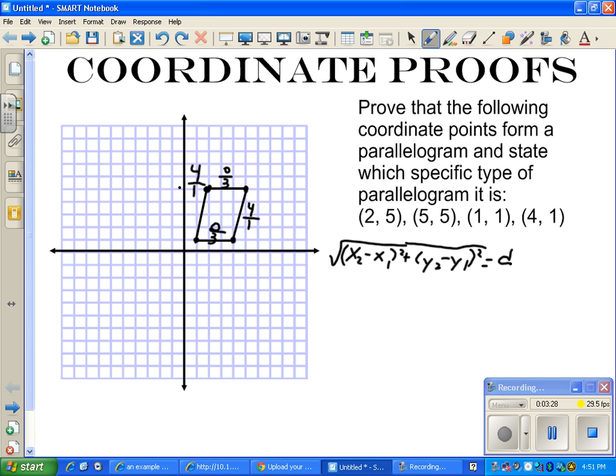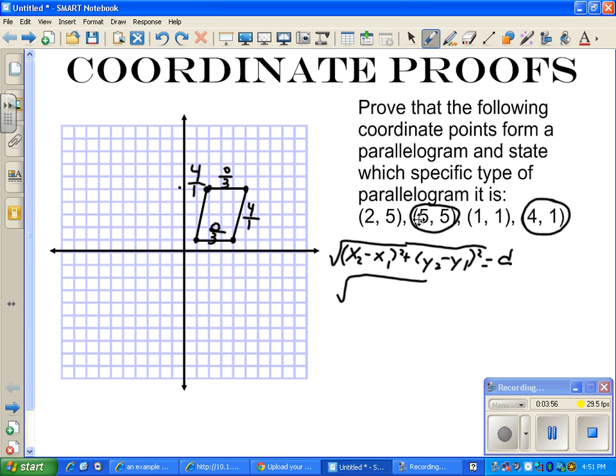So we're going to plug in the coordinate pairs. Well, we're looking at 4, 1, so that coordinate pair, and we're looking at 5, 5. So again, take a few moments, do this with me, and I'm sure your square root symbol, your radical, will look a lot better than mine. So it doesn't matter which point we start with, it's still going to be the same distance.